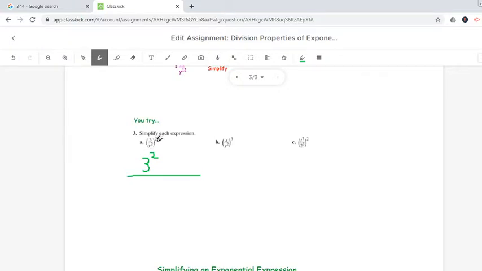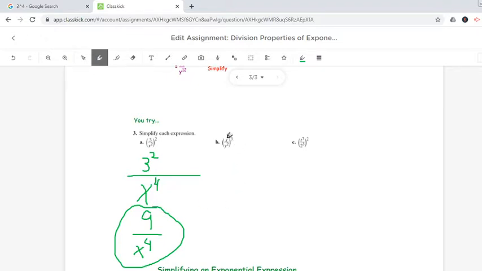So 2 times 2, 4. X to the 4th. Okay. And then we can simplify this. 3 squared is 9. So it's 9 over x to the 4th. That's the answer.